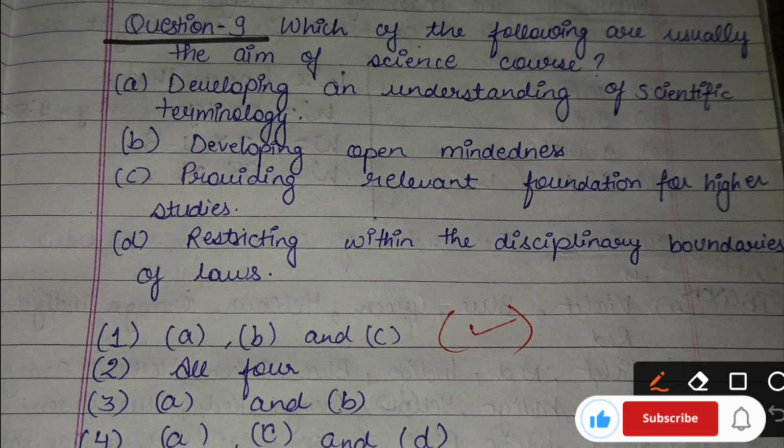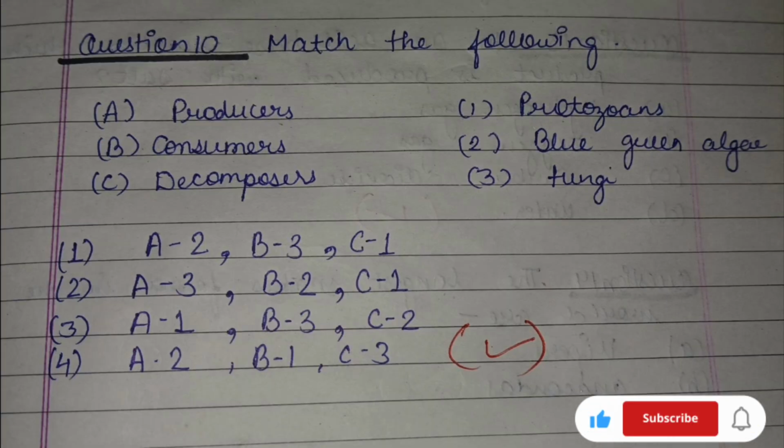So here, developing an understanding of scientific terminology is very important as it is a science course. Option B, we should be open-minded, and option C, provide relevant foundation for higher studies. So the correct answer is A, B and C. Let's move to our next question.